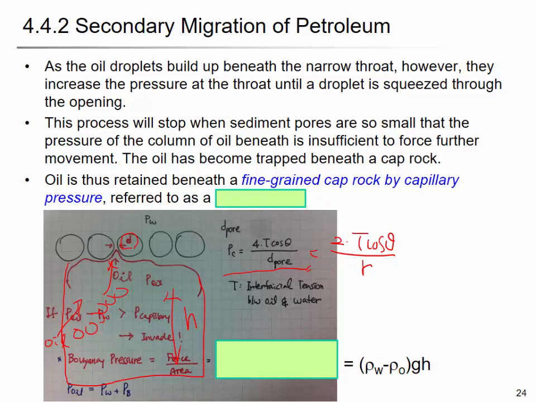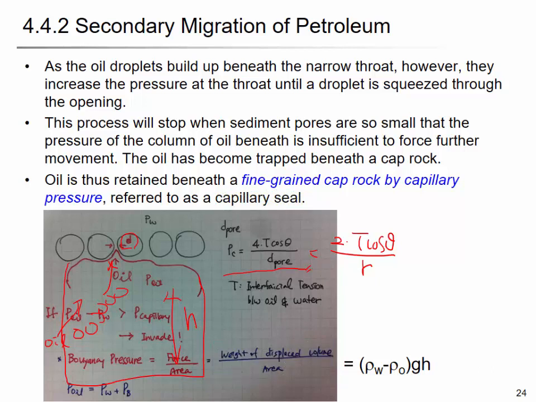The weight of the fluid replaced by this oil, right? That's the buoyancy force. So then buoyancy pressure is the force divided by the area. So the weight of the displaced water volume divided by the area will give you the buoyancy pressure. So then this accumulated oil height can be used to calculate the buoyancy pressure.